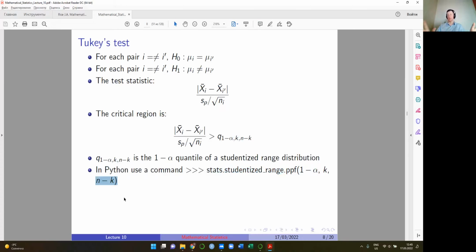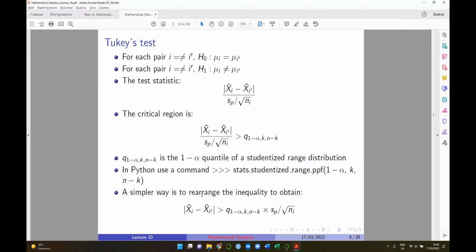So we see that everything is familiar to you. We are doing this already 1.5 months, or maybe even 2 months. And all the time when you test a hypothesis, all the time that you calculate a quantile, you use the same function. Now there is just another distribution that you need to call for.